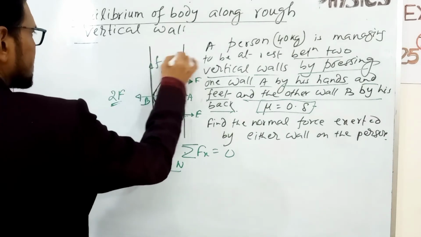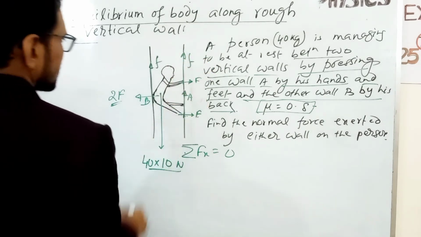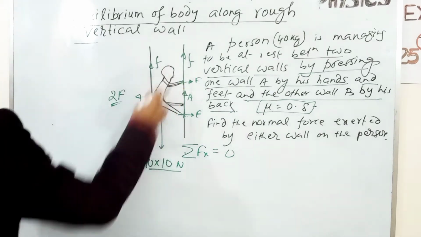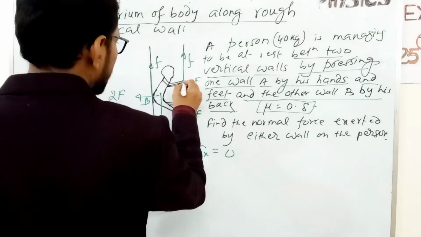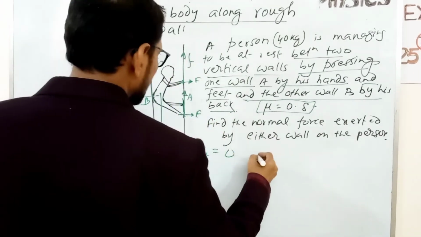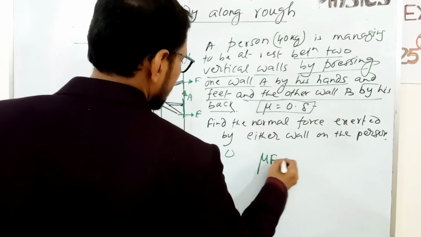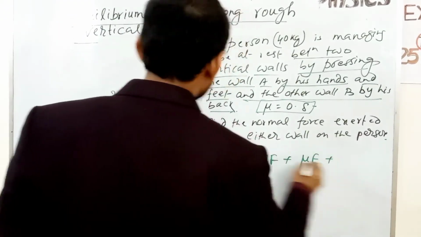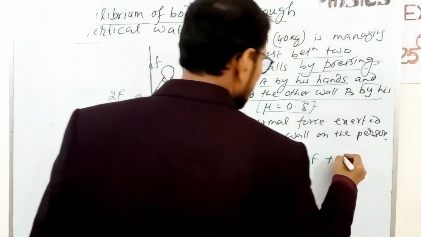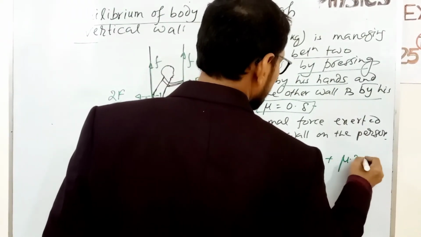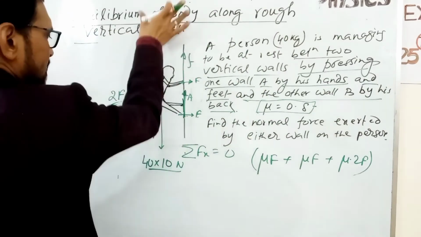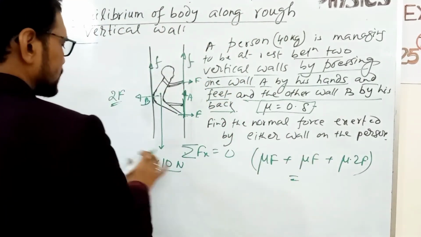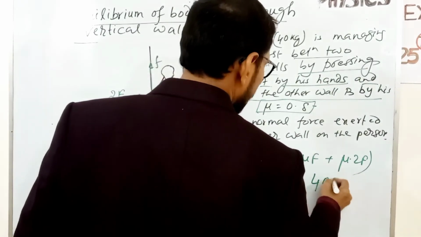Here the friction force is mu into F, and here the friction force is mu into 2F. The total friction force acts vertically upward. This and this force prevent the weight of the man.